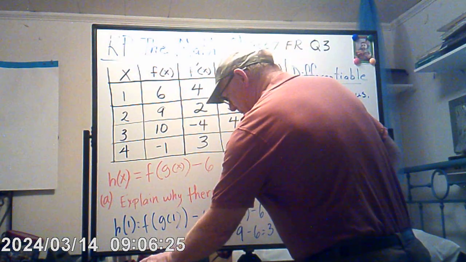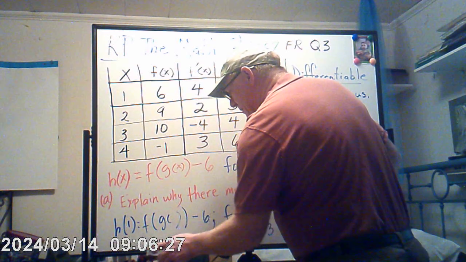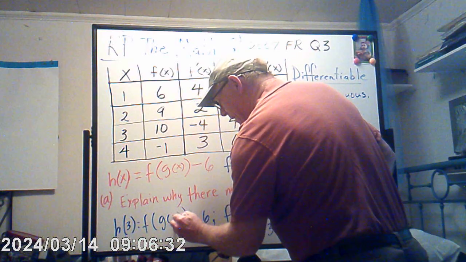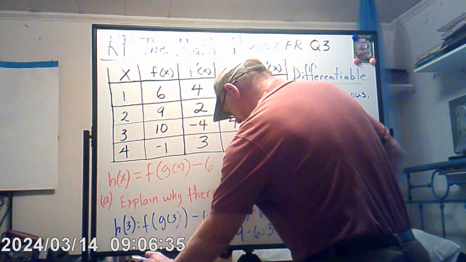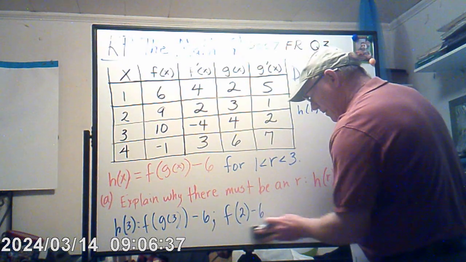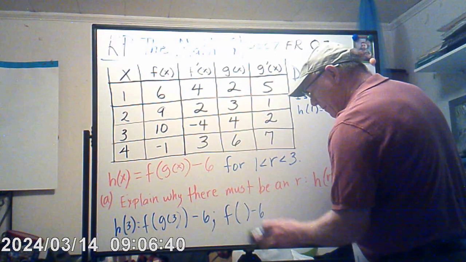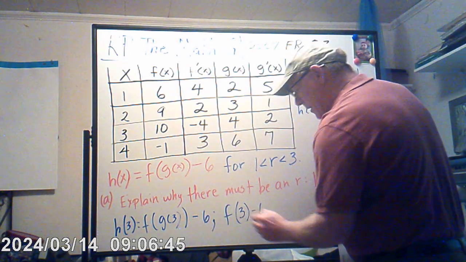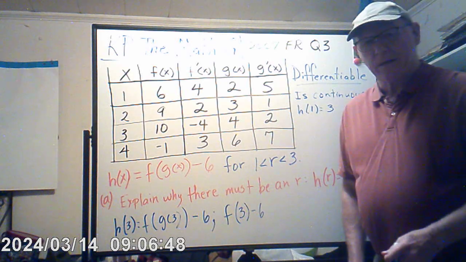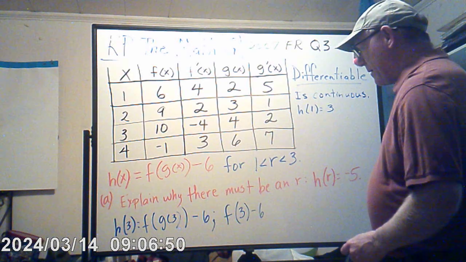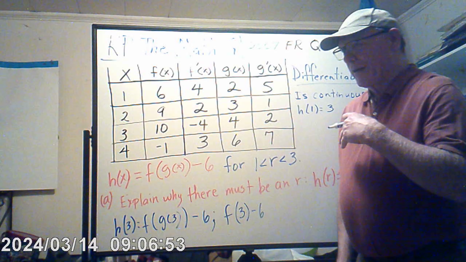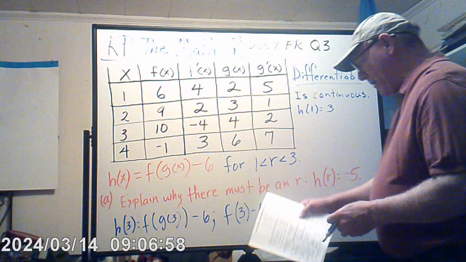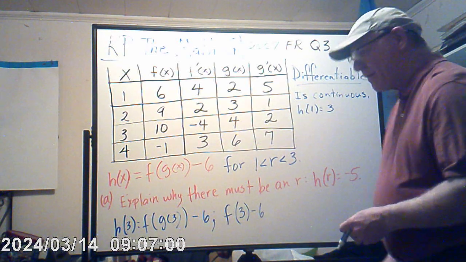Let me do this again, but this time I'm going to insert the 3 in there. So h at 3, f at g at 3. Now recall that we're not looking for a derivative of this, we're just plugging the numbers straight in. Anybody recall, or can you see where we're leaning towards, explaining why there must be an r somewhere in between here?